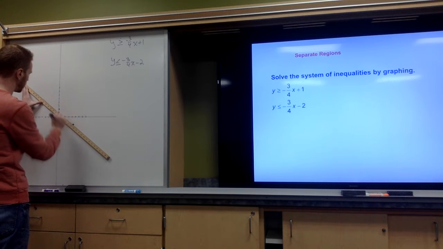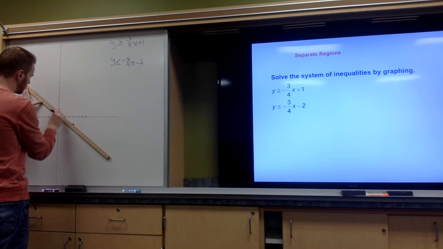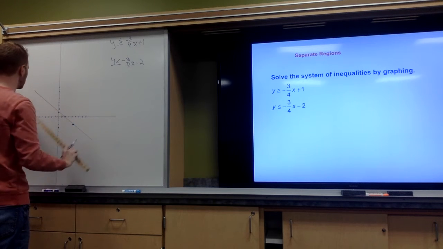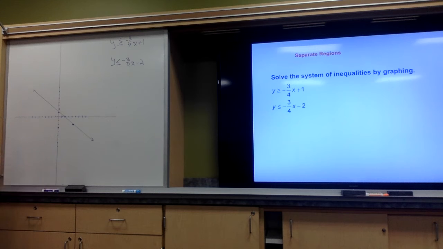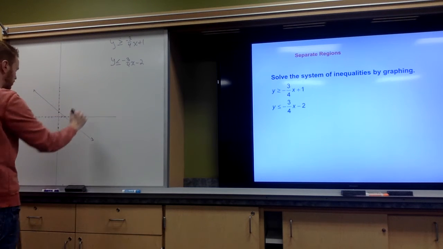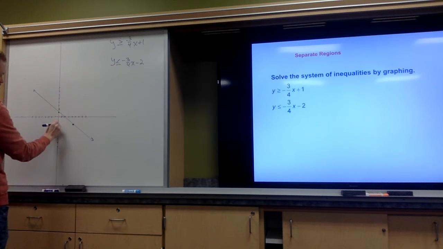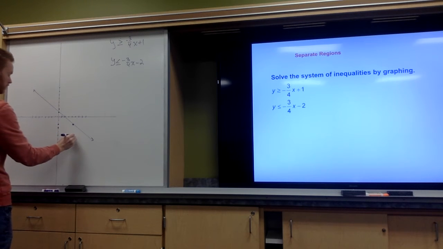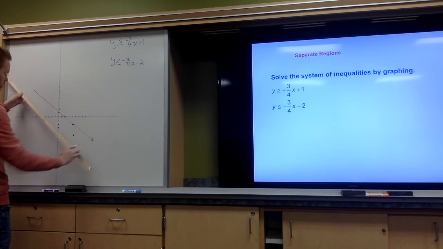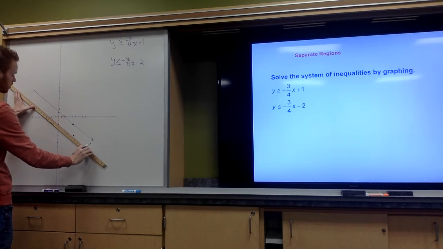See how I'm drawing the lines automatically? Usually I say wait and see where the points intersect so you get better accuracy. I'm not this time. Think about why. This guy, I'm going to start at negative 2, so right here. And I'm going to go down 3, 1, 2, 3. And I'm going to go over 4, 1, 2, 3, 4. This guy is also a solid line.